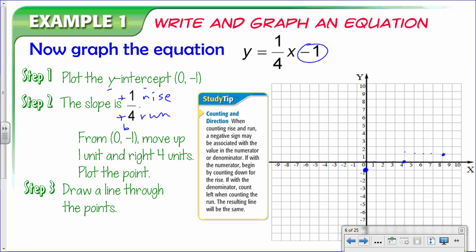Can I go the other direction? How would I do that? I'd have to change my direction, wouldn't I? But I can rewrite that as that, couldn't I? So down 1, left 4, down 1, left 4. There's my line.